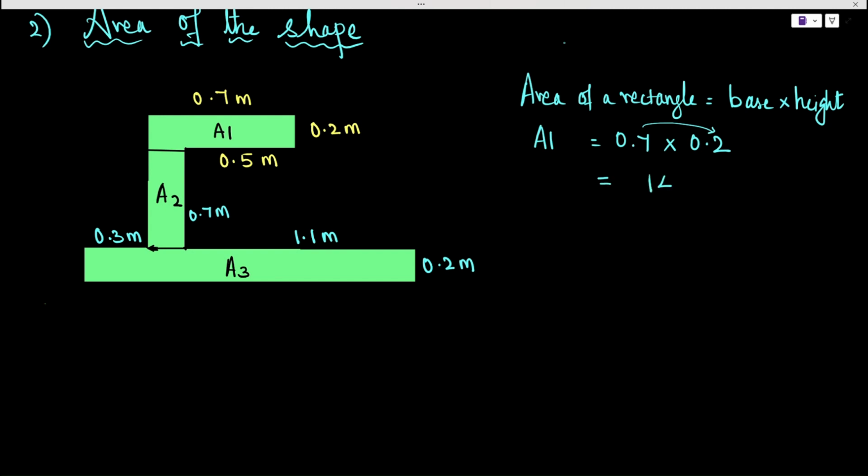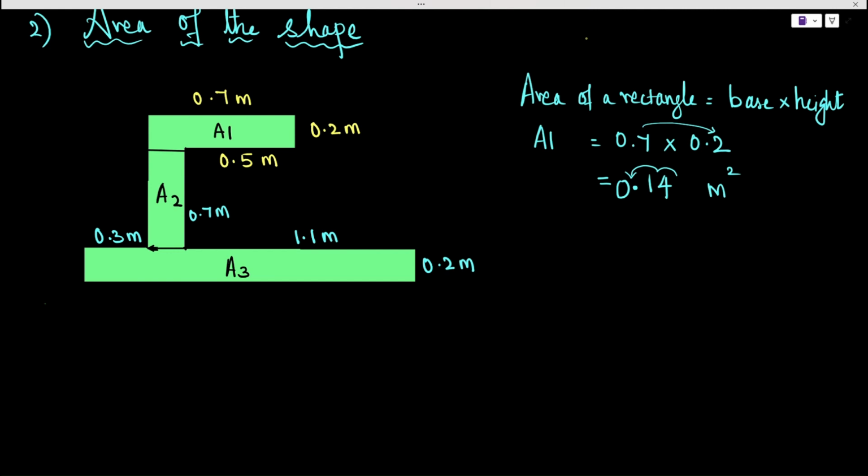But in both the numbers, there is a total of 2 digits on the right of the decimal point. So that's the 7 and the 2. So we put our decimal point 2 places into the number. So we have 0.14 as area 1. So this is 0.14 meters squared.